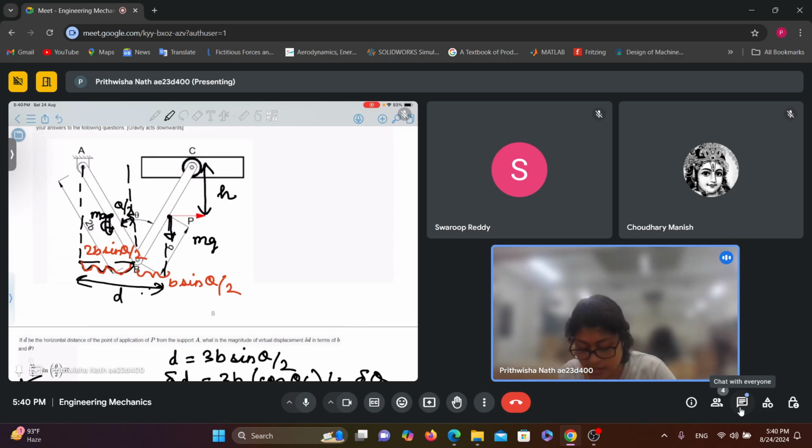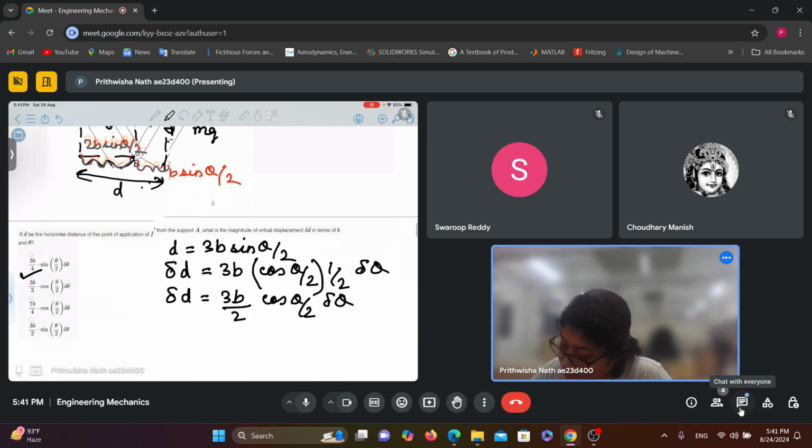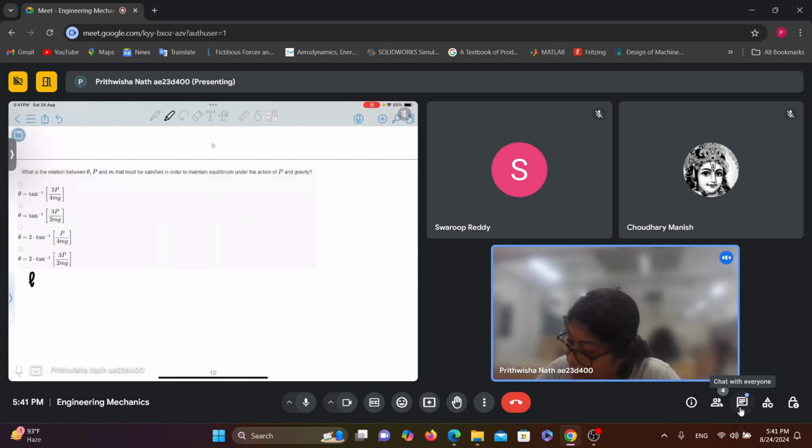Can you tell me? This is B, this is also B. It will be B cos theta by 2, right? This angle is theta by 2. Is there any doubt? So H will be B cos theta by 2, right? Did you get it?